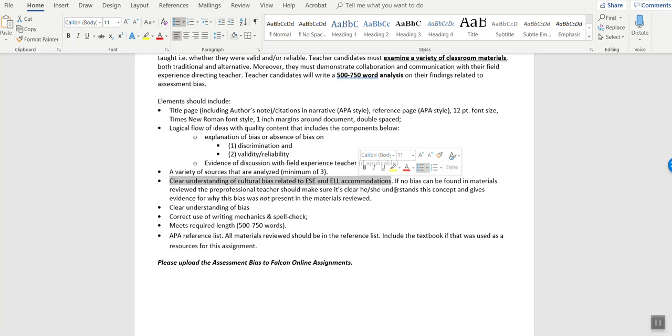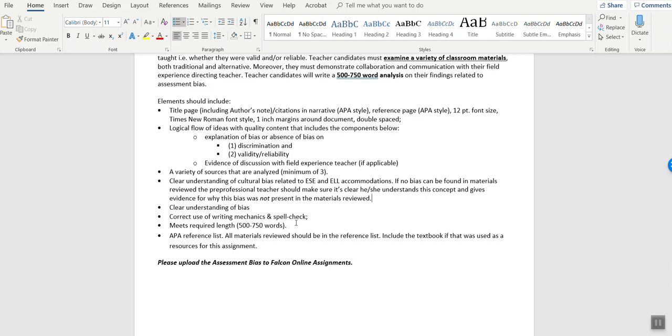So if you can just explain what bias is and whether you have an example or not, which again is an explanation of absence of bias, that will ensure that I know that you understand that bias can happen and that a good teacher is always on the lookout to make sure that bias is not being used in any of the materials, whether it's teaching or assessing materials for your classroom.